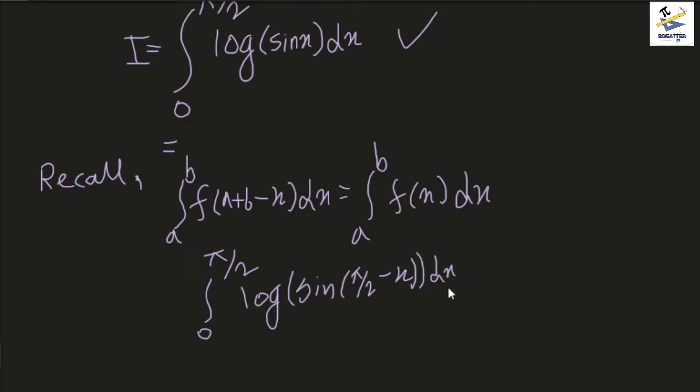And this transforms the integral into something like this, because sine of pi by 2 minus x is cos x. What we have is the integral from 0 to pi by 2 of log of cos x dx.